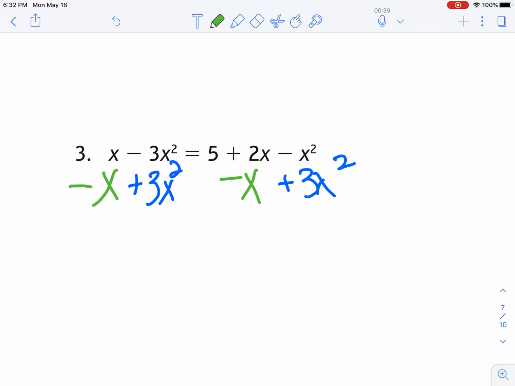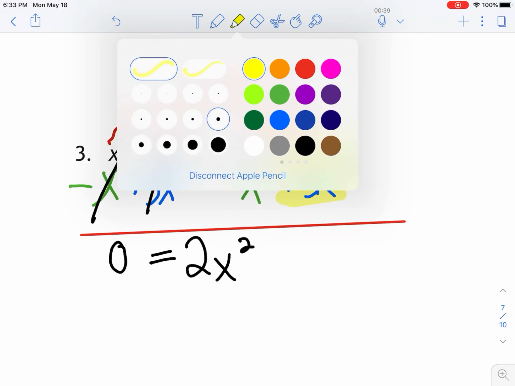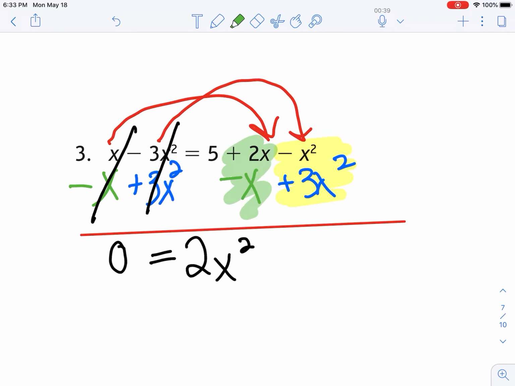Now when I simplify, because I'm moving everything to the right since there are more terms on the right, these cancel out, so I get 0 equals, and I'm going to simplify them in standard form. So 3x squared take away 1x squared is 2x squared. Then I'm going to go on to the next term: 2x minus 1x is a positive 1x. And then you have the 5 at the end.